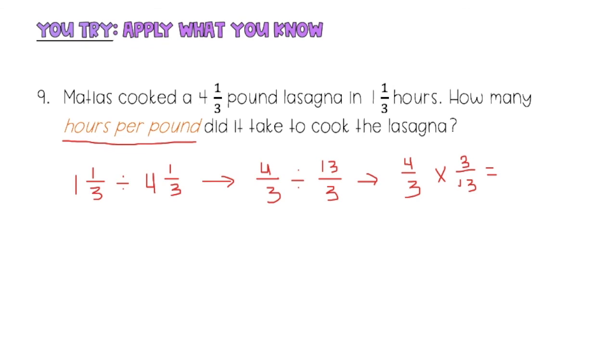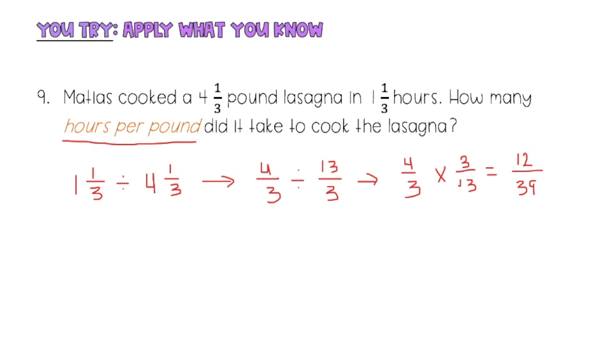I'm going to multiply straight across. So 4 times 3 equals 12. And 3 times 13 equals 39. I am able to simplify my fractions. Both of these numbers are divisible by 3.